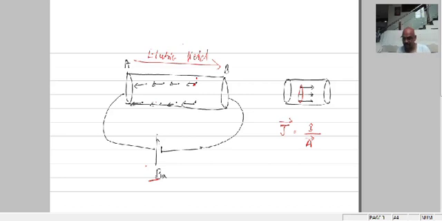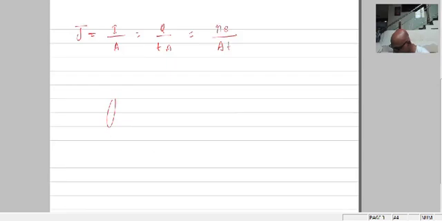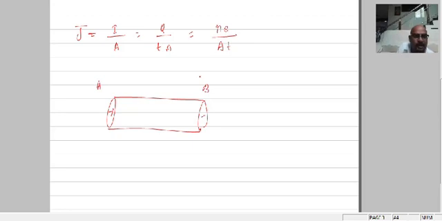See what happens if you consider a conductor and consider one electron. Say this is the positive end and this is the negative end, end A and end B, obtained because we have connected it to a battery, with a positive terminal and a negative terminal.